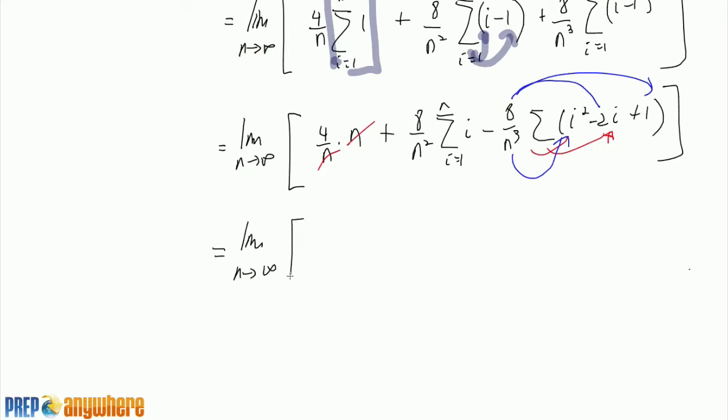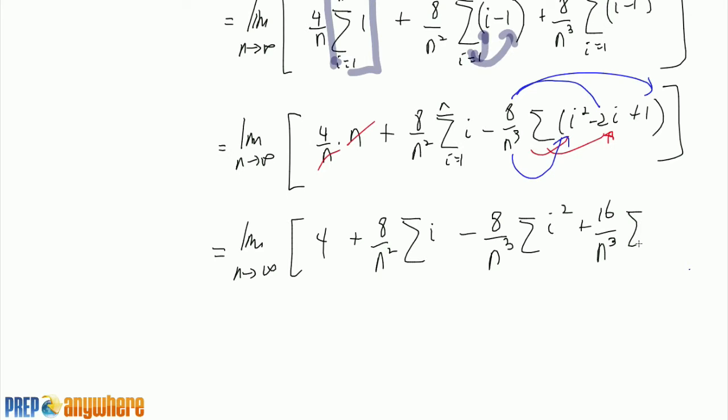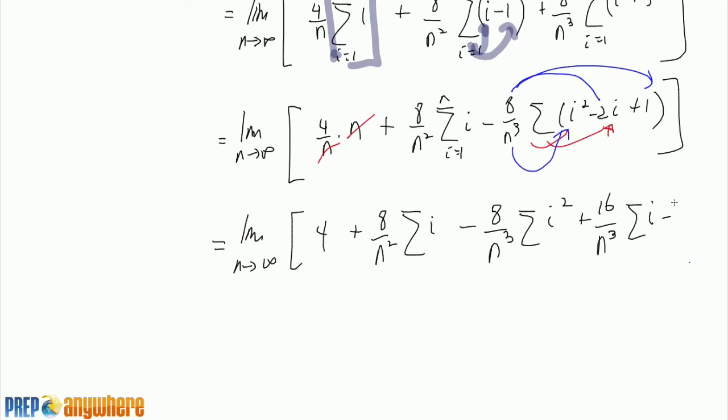Okay, expanding, let's just expand it first here: 16 over n cubed sigma i, and lastly minus 8 over n cubed sigma. Yeah, actually unfortunately it doesn't collect, so what I'm doing right now is pretty much the fastest way. Even if we simplified earlier, it wouldn't be any cleaner.